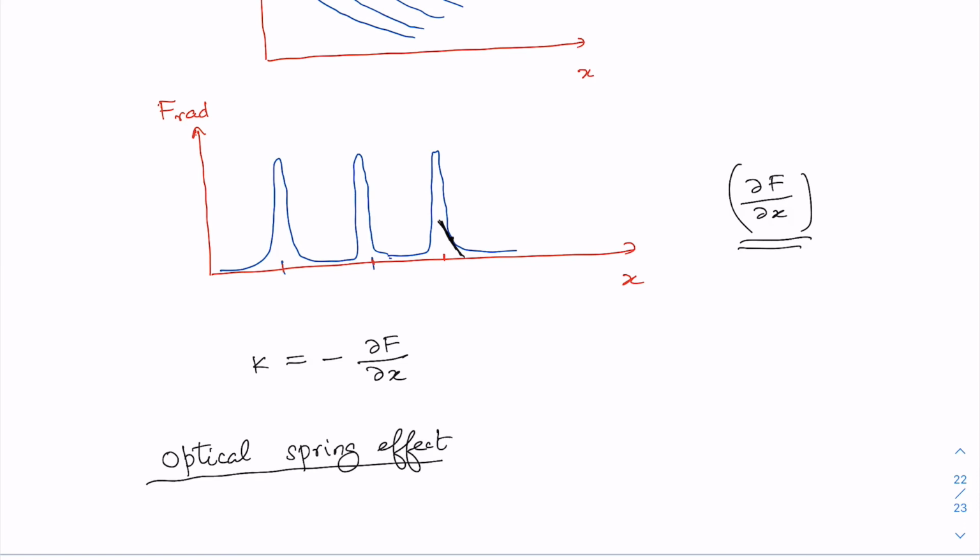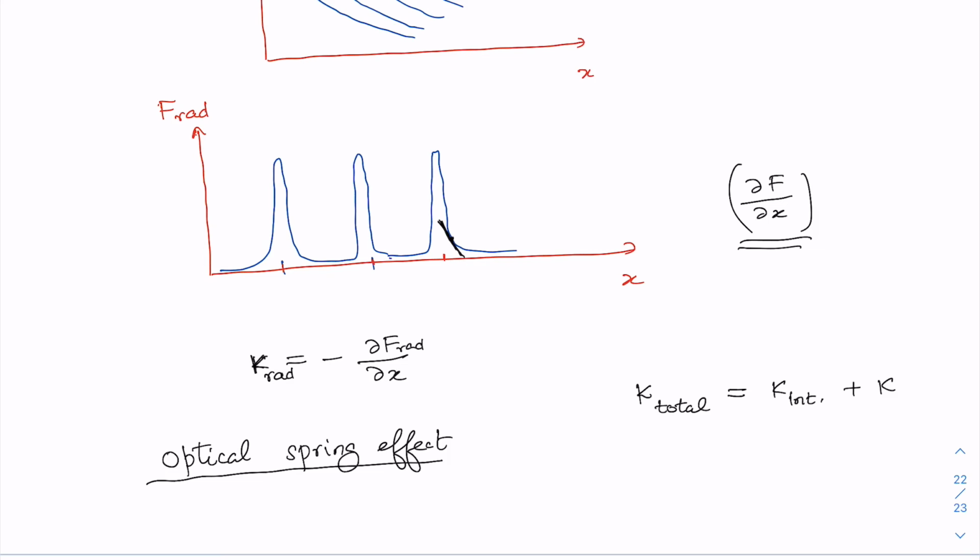Now the total spring constant of the mechanical oscillator would be due to the intrinsic spring constant plus the spring constant due to the radiation pressure force.